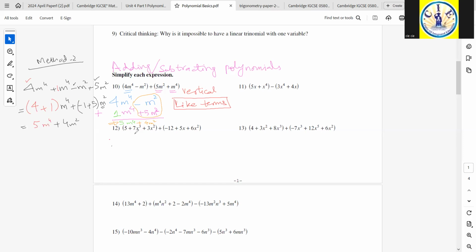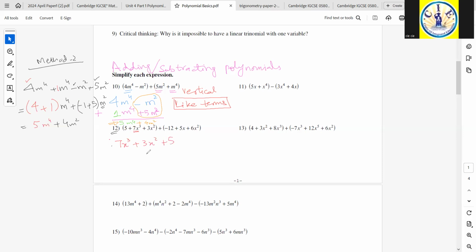Okay, now let me do the addition question, that is question number 12, with both the methods so that you can understand them. I need to see 7x cubed. This is the term with the highest power, so I've written it first, then 3x squared, then plus 5.